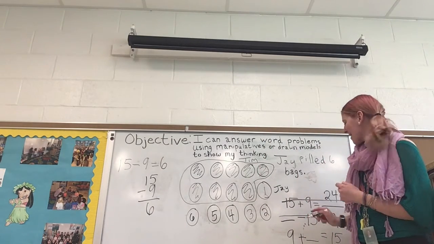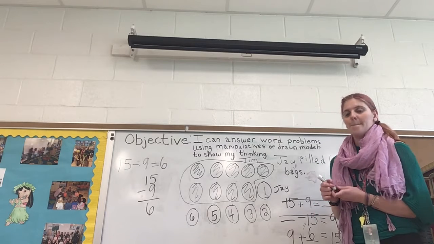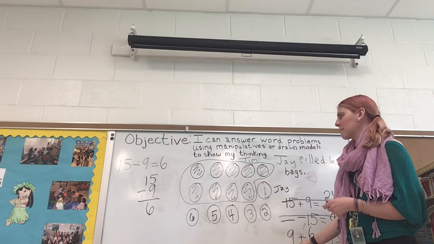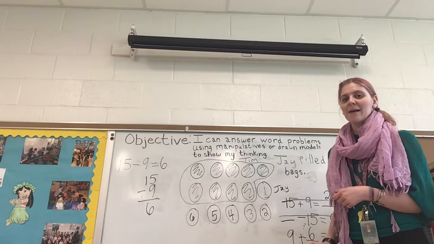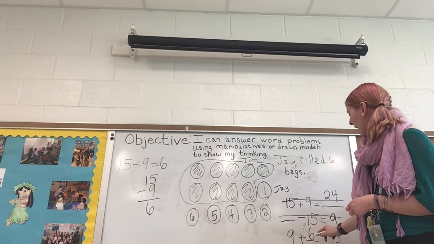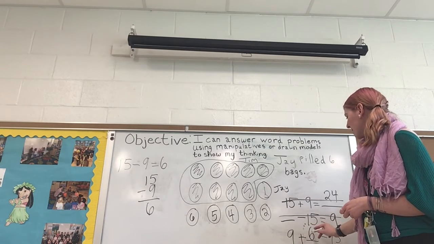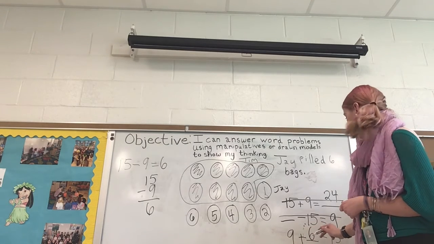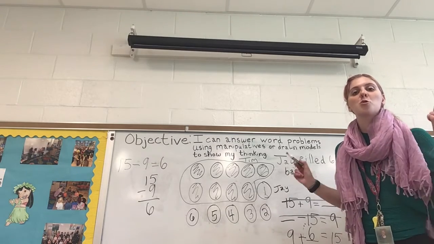Does putting 6 there make sense in our problem? Yes. Who has 9 bags? Tim. 9 bags, Tim's bags, plus 6. Who has 6 bags? Jay. Tim's bags plus Jay's bags, 9 plus 6 equals 15. And 15 is what? The total number of bags.